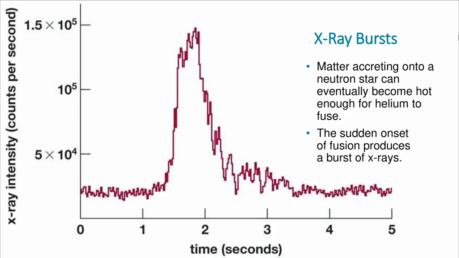So another phenomenon that you can look for out in space are X-ray bursts. These are an indirect way of detecting neutron stars. They are very short-lived, only a second or two, but in that short amount of time it's emitting more X-rays than you'd get from a normal star.